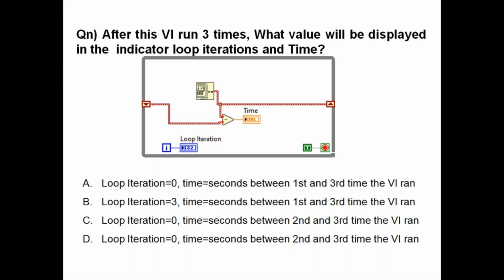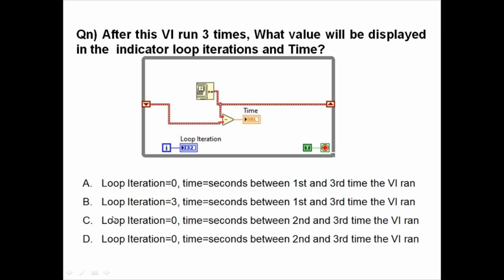During the second iteration, the first iteration result and the new value of your PC time are subtracted, and the new value is updated here. That value is passed on, and the old value and the new value are subtracted. So during the third time, the second run's timing value and the third run's new value are subtracted. That is the answer.